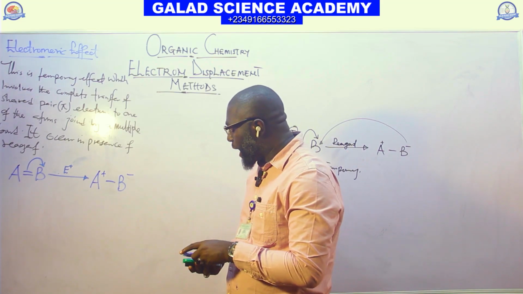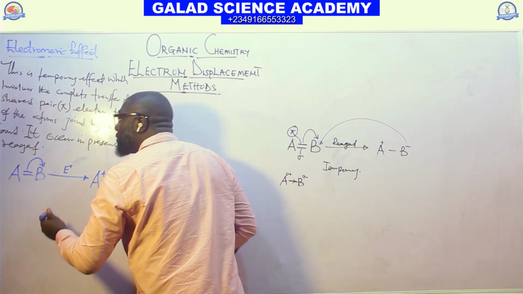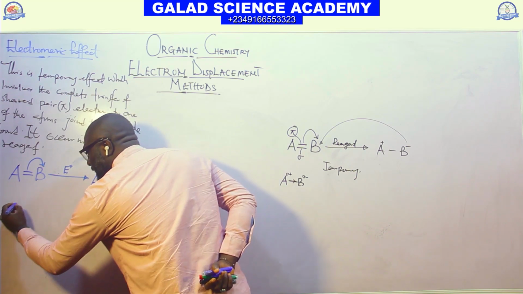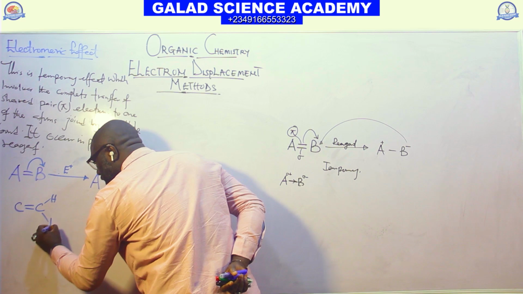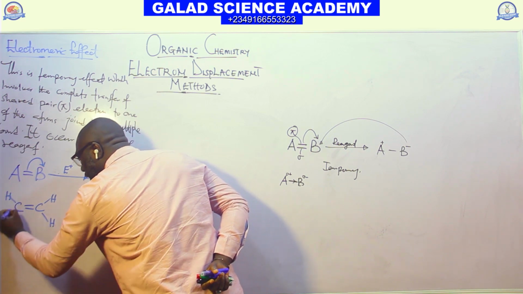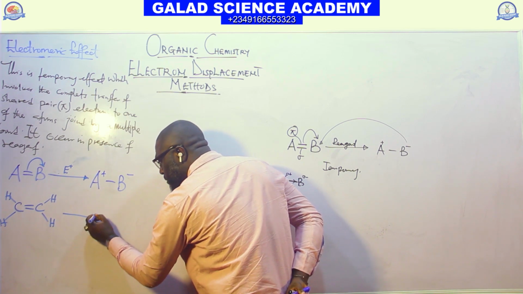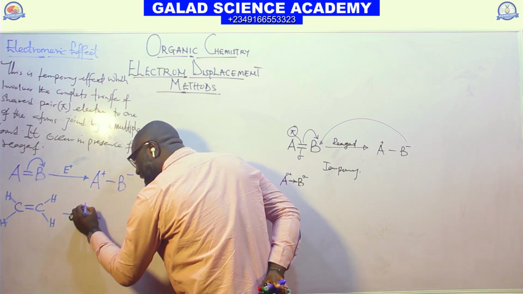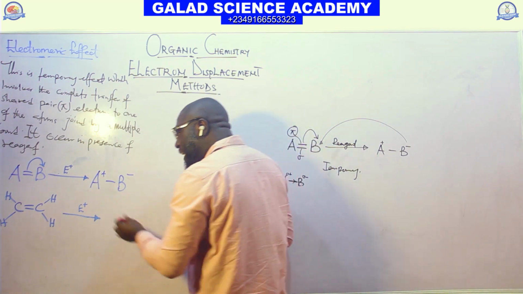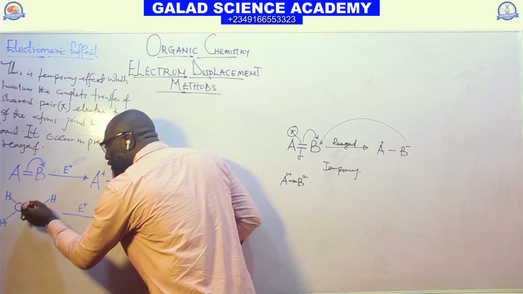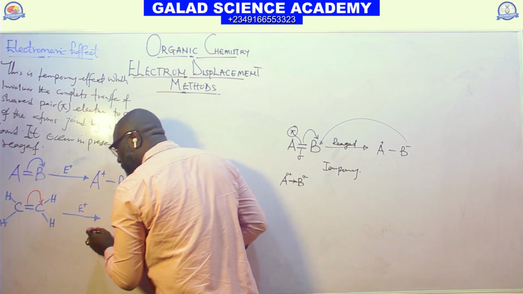Let me give more examples. In the case of ethene, C2H4, if I put an external reagent here, this external reagent will shift the pi electron on top of this carbon.